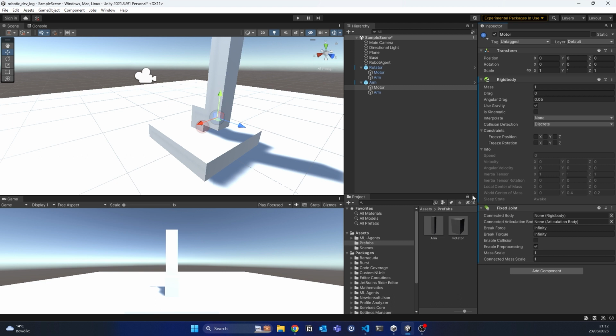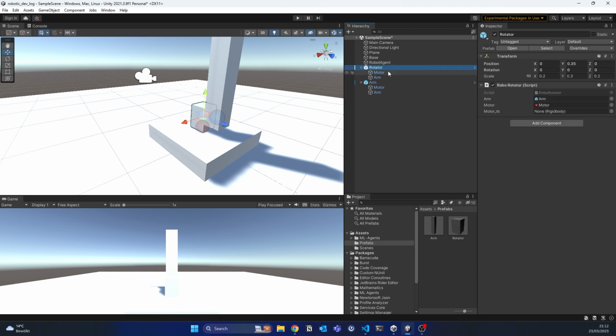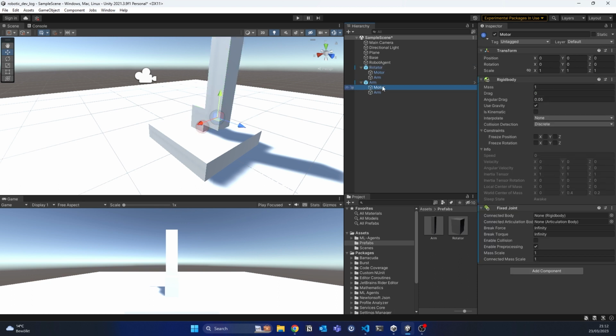Connected body. So I suppose since this is the hierarchical order, this is first, then this. We'll add this rigid body to this rotator kind of motor. Connected body. Alright, let's do it. And here we leave that empty.